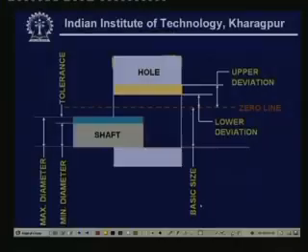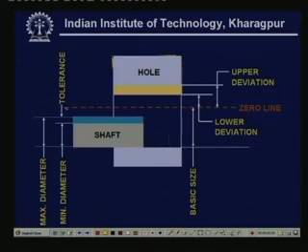Machining has a typical implication that we will see later, but here I am speaking loosely, that it is being manufactured through machining. While considering the dimensions of the shaft or the hole, you have machined a hole of this size and a shaft of this size.